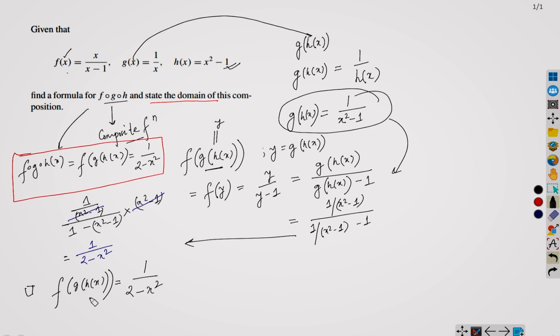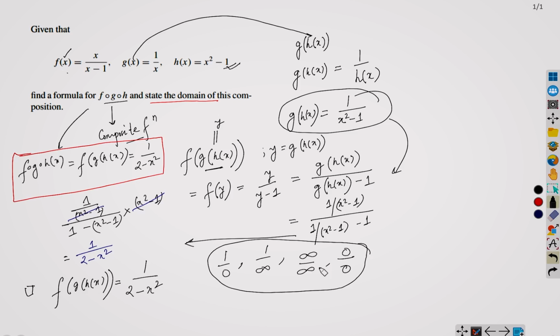The domain of this composite function means we have to exclude all those values of x for which the function becomes undefined, like 1 by 0, or 1 by infinity, or infinity by infinity, or 0 by 0. These are the 4 undefined forms.